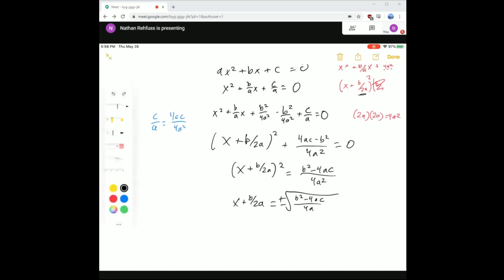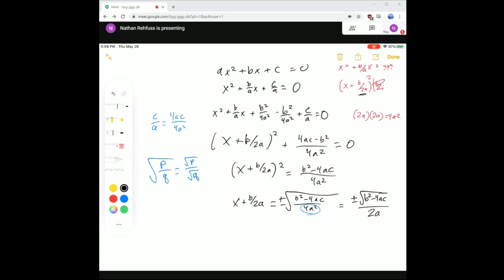What I'm going to do here, remember the square root of top over bottom is the same as the square root of the top over the square root of the bottom. Well, this bottom here, 4a squared, the square root of that is 2a. So I'm going to rewrite this right now as plus or minus root b squared minus 4ac over root 4a squared, which is 2a.